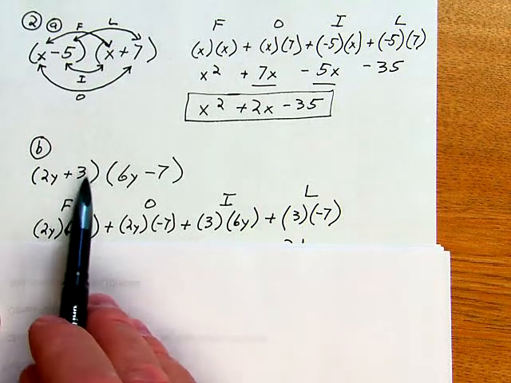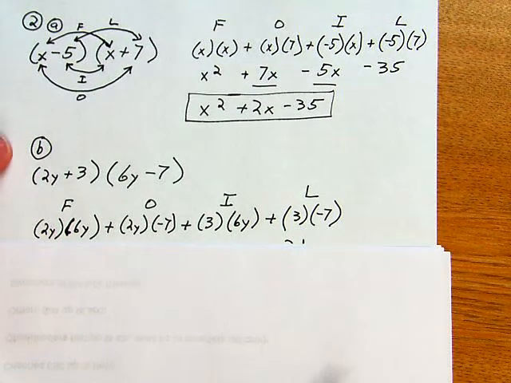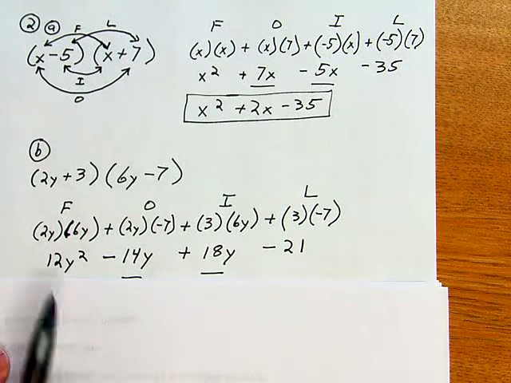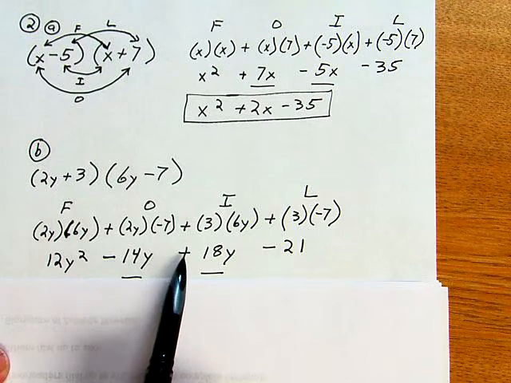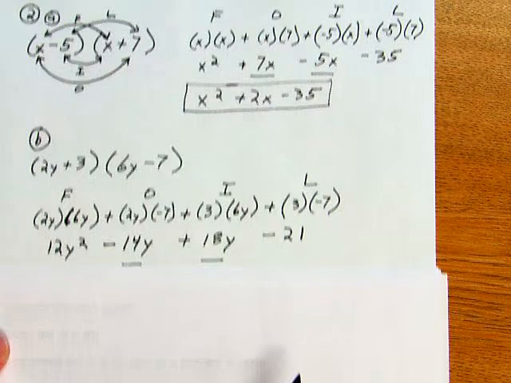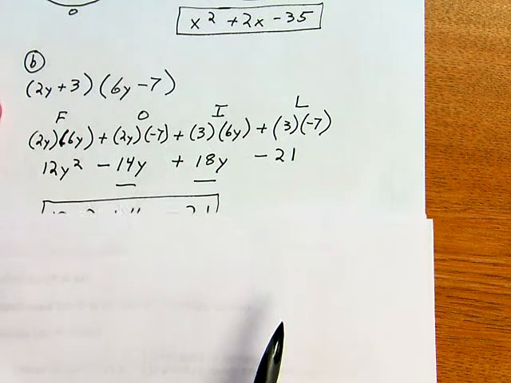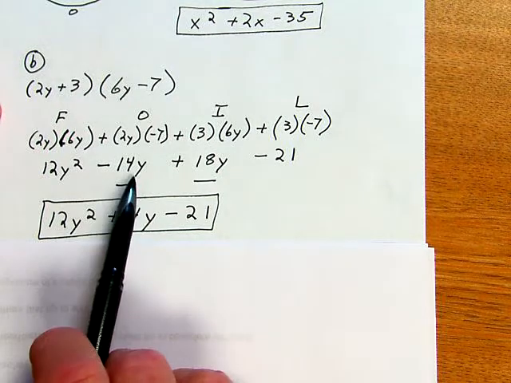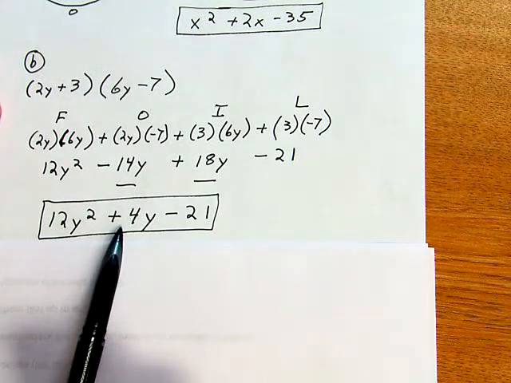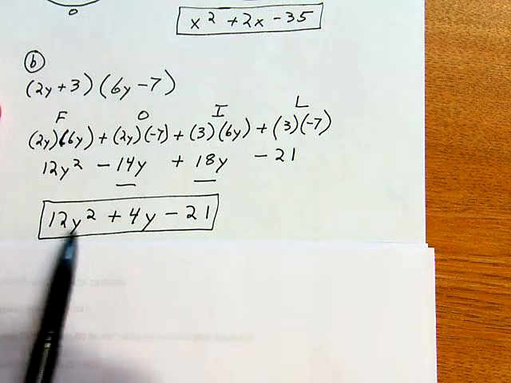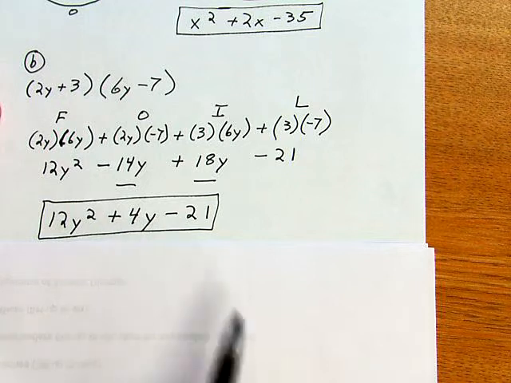And last, 3 times negative 7. When you do all that multiplication, you get 12y squared minus 14y plus 18y minus 21. I notice that those two y terms can be combined. Negative 14 and 18 give me positive 4. So my final answer is 12y squared plus 4y minus 21.